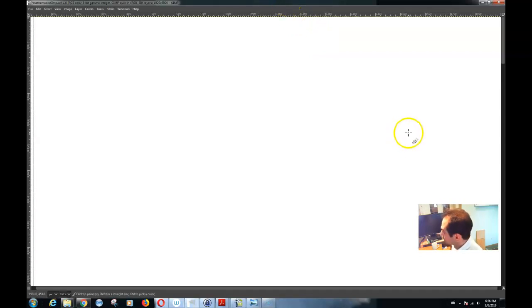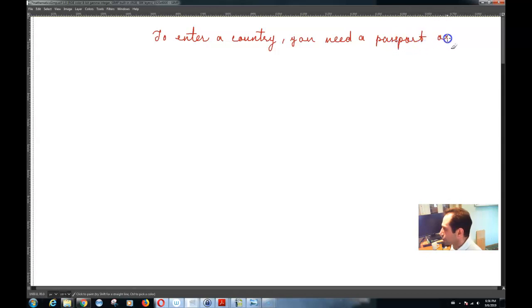As a first example, we have: to enter a country, you need a passport or a voter registration card.